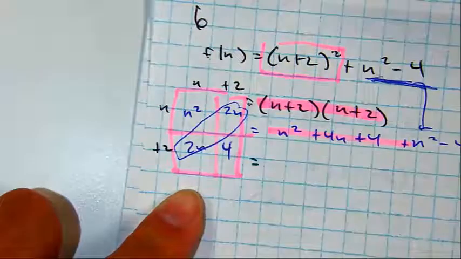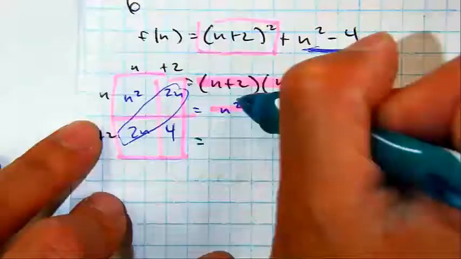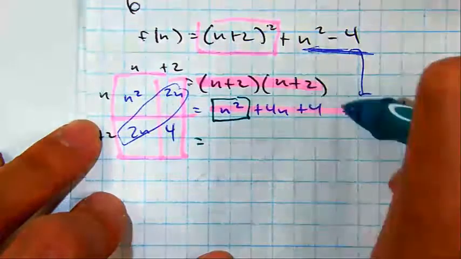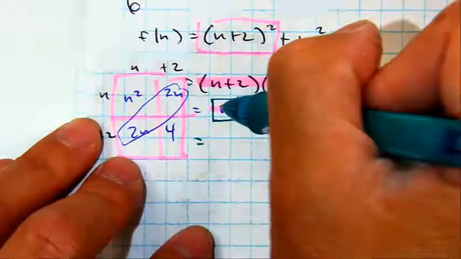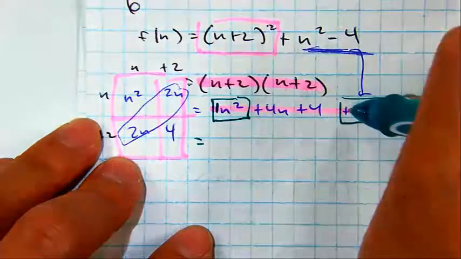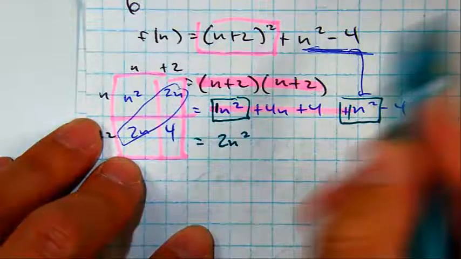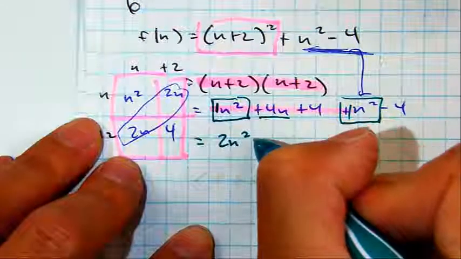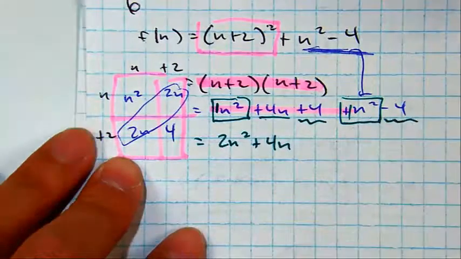Which ones are like terms? N squareds. N squared plus n squared is? You're adding the numbers in front, so that'll just be 1 plus 1, 2n squared, plus 4n. Positive 4 and a negative 4 gives us zero.